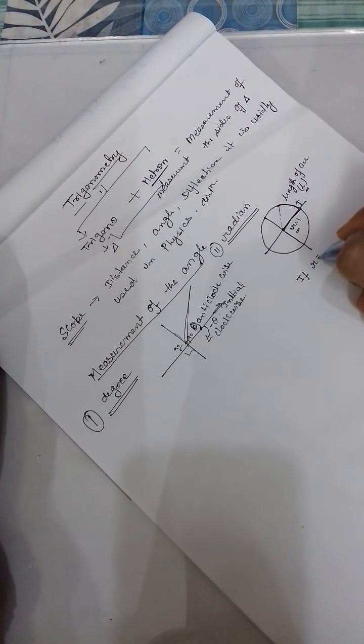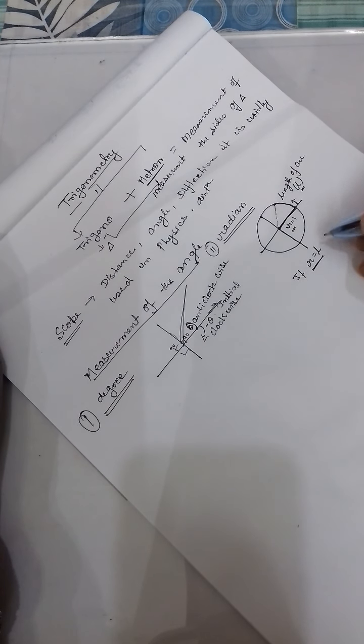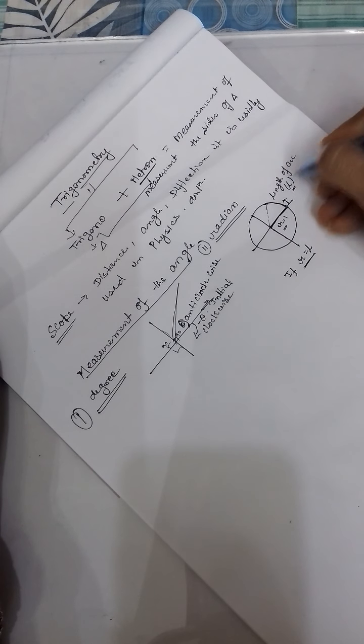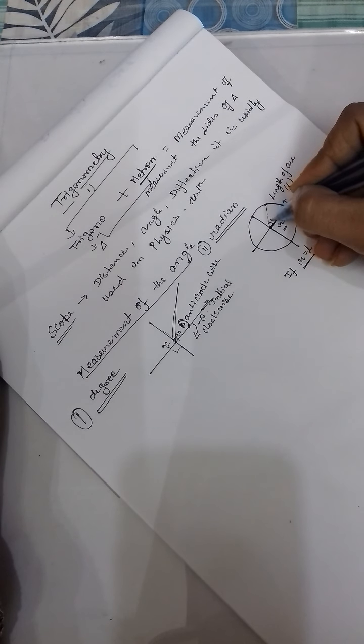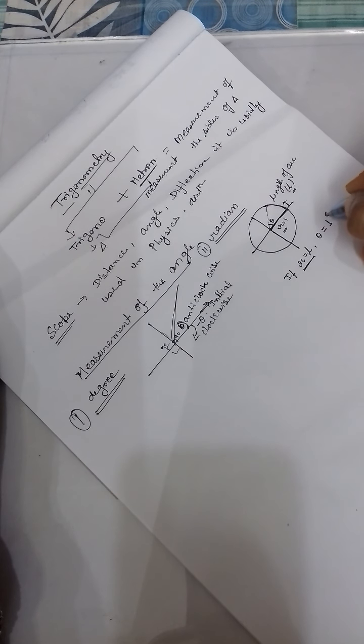If R is equal to L, meaning the radius traces an arc of length L, when both measurements are equal, then we say that the arc subtends the angle theta. This theta is equal to 1 radian.